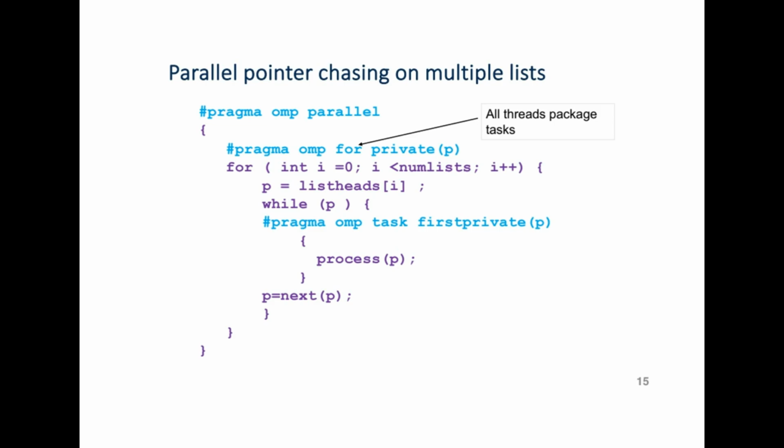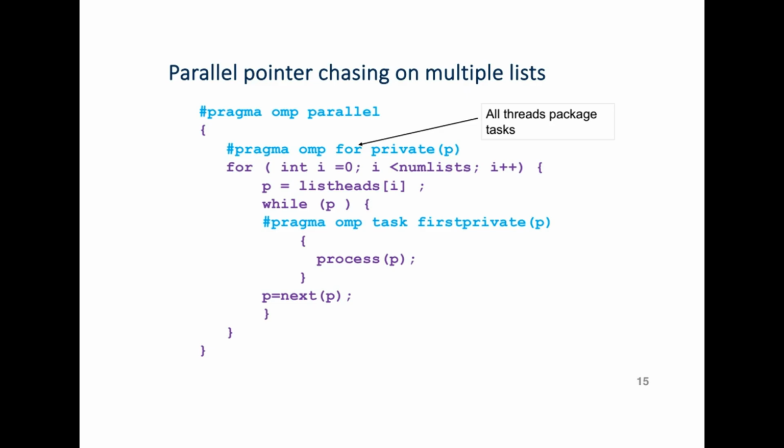Any questions on any of that? Raymond asks, is each task assigned to a separate thread? And if so, what happens when the number of tasks is greater than the number of threads? Tasks will be assigned to threads as threads become available. If there are more tasks than threads, they will get executed by some thread at some point.